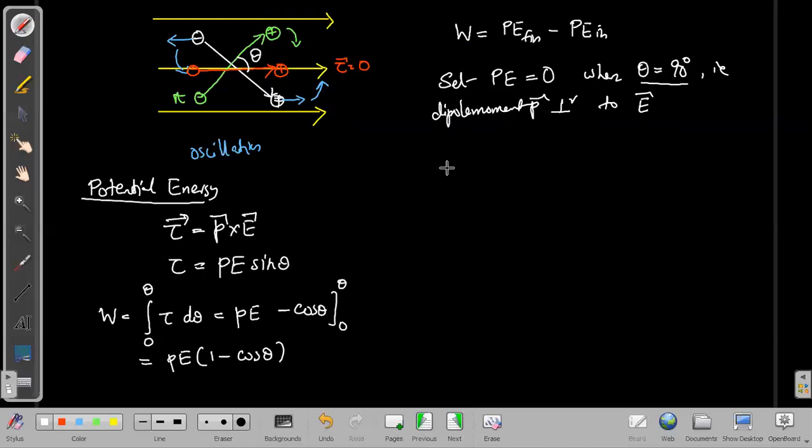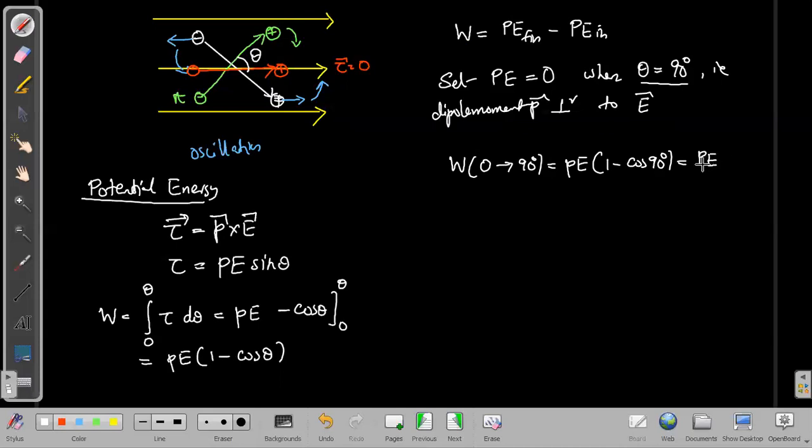Then we can calculate the work done to move the system from 0 angle to 90 degrees. That would be equal to P E into 1 minus, instead of theta, I put 90 degrees, and that would be equal to the potential energy.